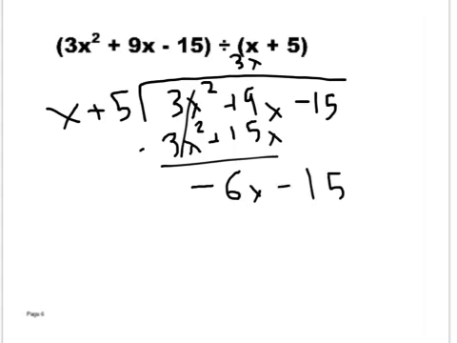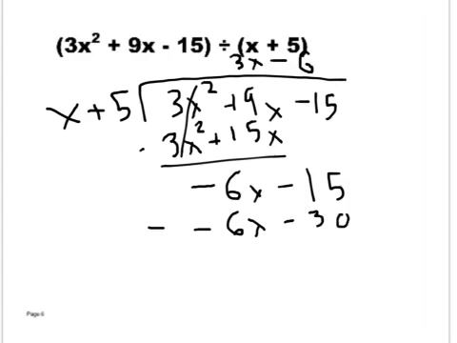So what could I do to x plus 5 to make it negative 6x? We need to get rid of negative 6x, so what can I times x by? Maybe negative 6. What is negative 6 times x?